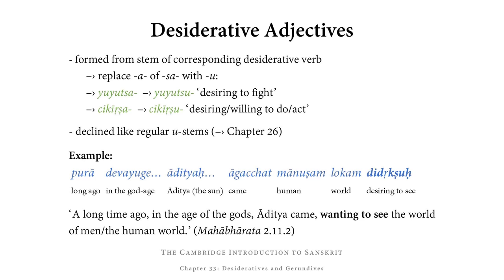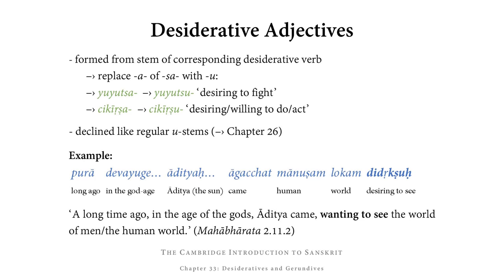Let's briefly look at an example of a desiderative adjective in this quote from the Mahabharata. Purā devayuge ādityaḥ agacchat mānuṣaṃ lokaṃ didṛkṣuḥ. Pura means long ago. Devayuge is in the god age or in the age of the gods. Adityah, which is Aditya, i.e. the sun.